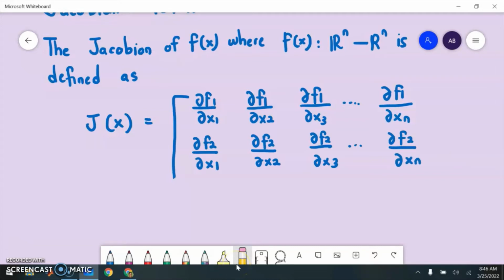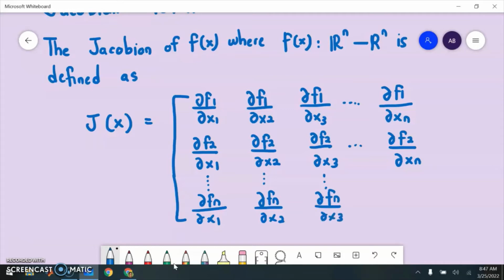Similarly, we can go on and on depending on the dimension of the system. So at the end, for the n-th function, we have the derivative with respect to x1, the derivative of the n-th function with respect to x2, the partial derivative of the n-th function with respect to x3, and so on. This is the big definition of the Jacobian matrix.